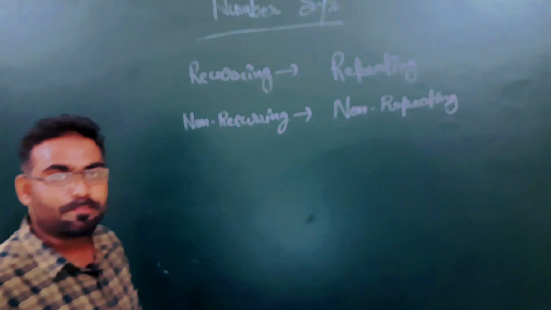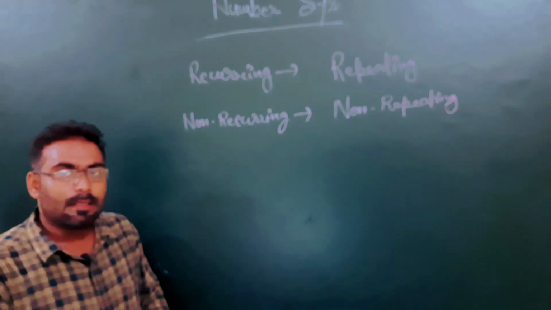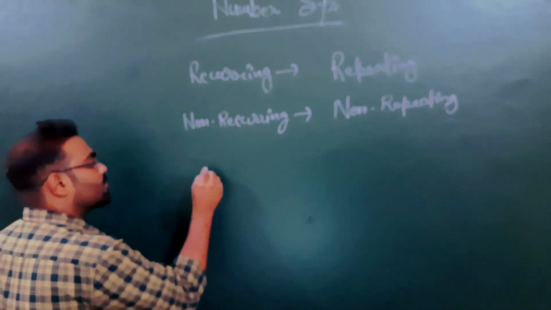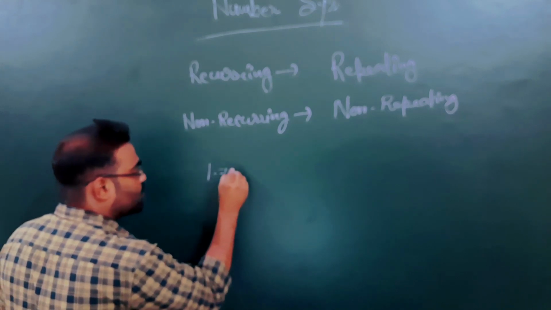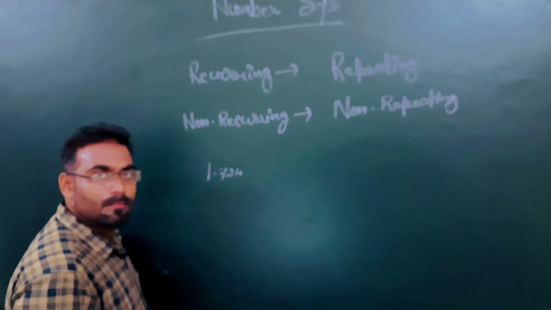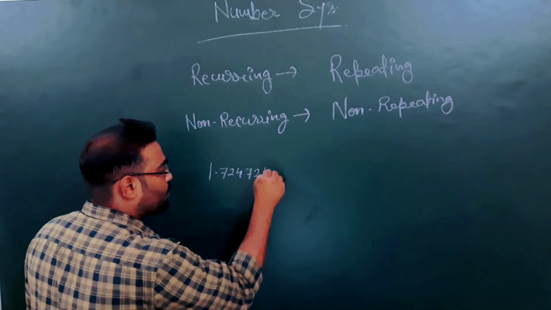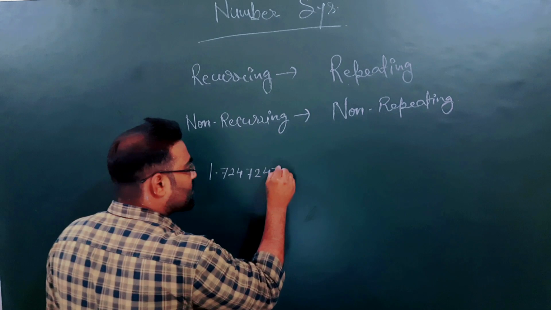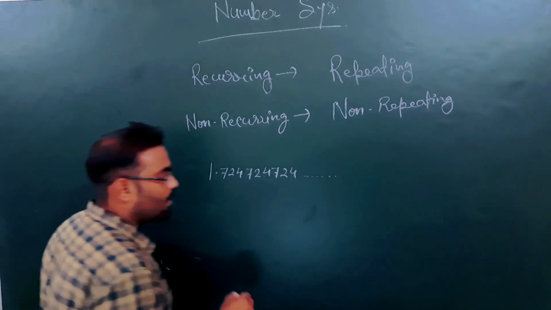For example, think of a number 1.724724 and so on.